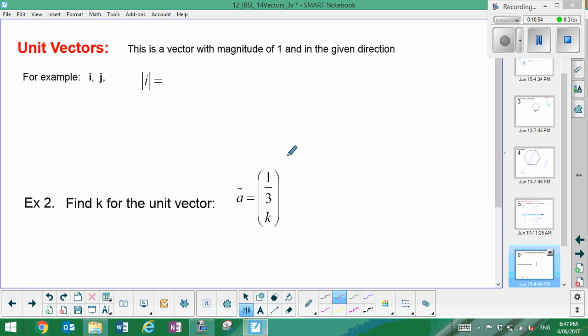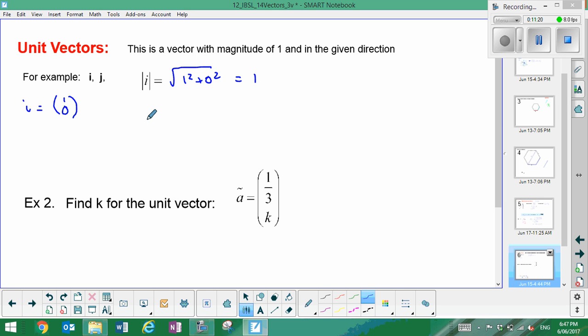So unit vectors, quick talk about those. This is a vector with a magnitude of 1 and in a given direction. So for i, the unit vector for i is 1 in the x direction and nothing in the y direction, so the square root of 1 squared plus 0 squared obviously equals 1.